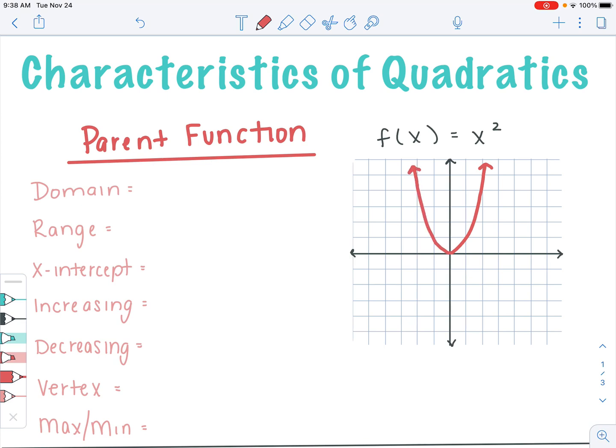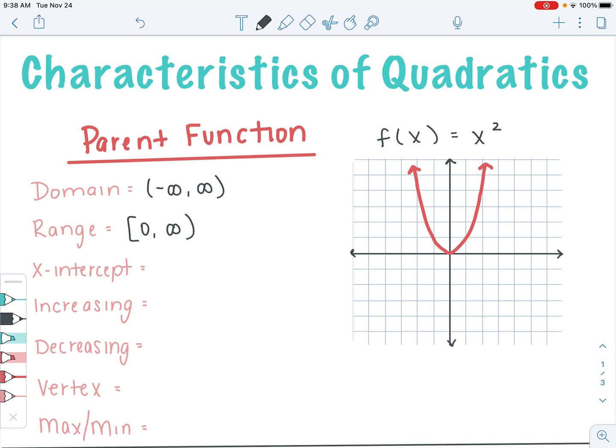Just to review, the domain of a parabola or a quadratic parent function, from left to right, is everything from negative infinity to positive infinity. Our range starts at 0 and goes up to infinity. Remember, that's my y values.